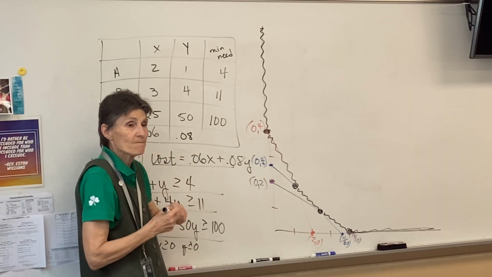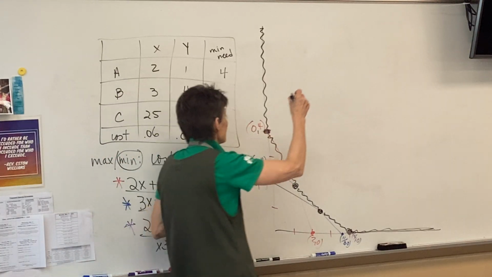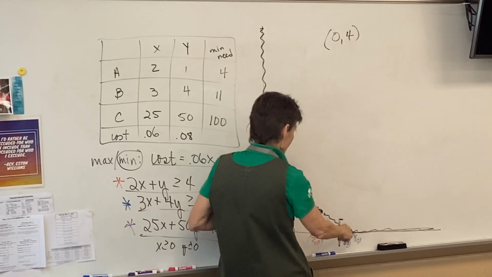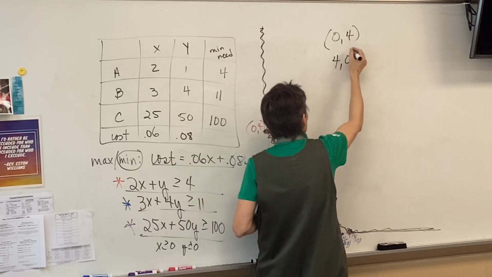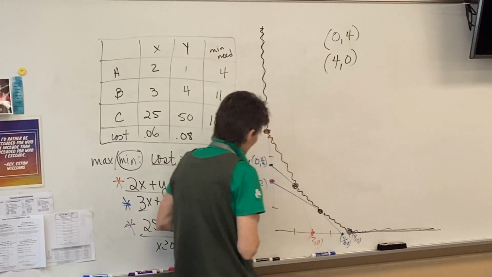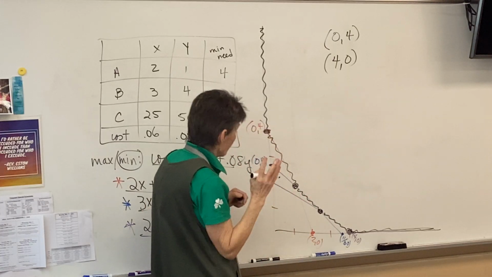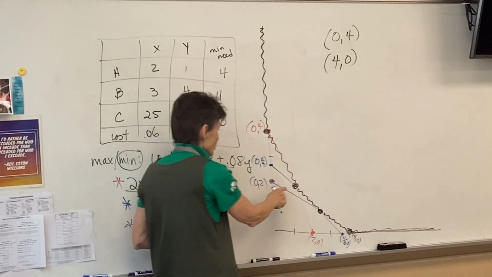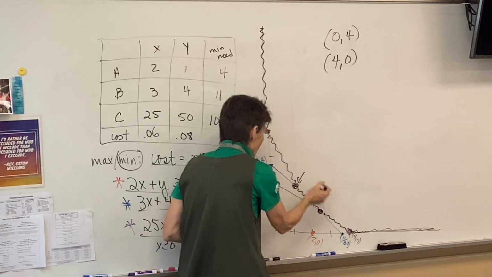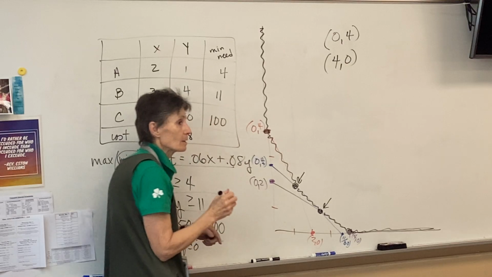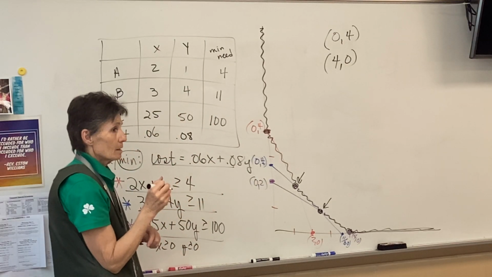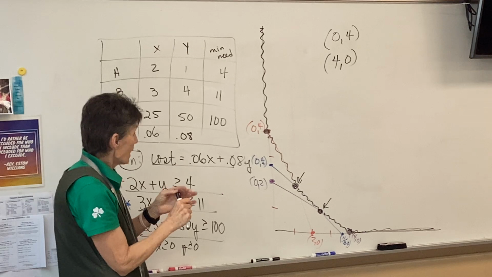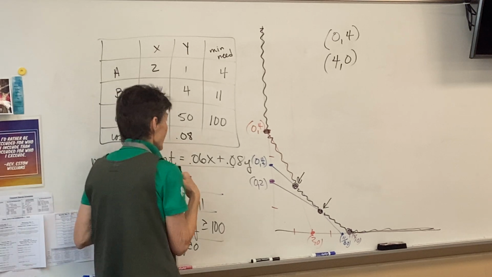So there are 5 points: 0, 4, and 4, 0. Oh no, I said 5 over 4. 1, 2, 3, 4. And then these 2, I don't know what they are. It's your test, if you're confident, you guess. I'm not going to guess, I'm going to work it out.